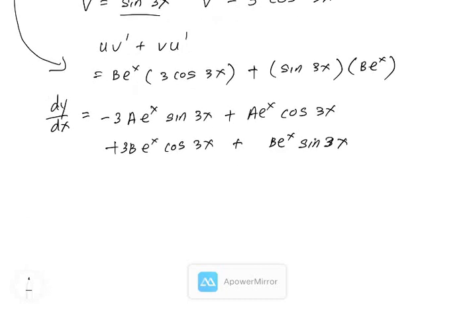Now the initial condition, y prime (0) equals 5. This means that when x equals 0, y prime equals 5.